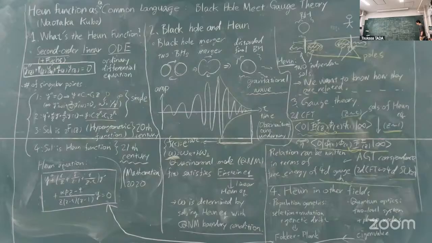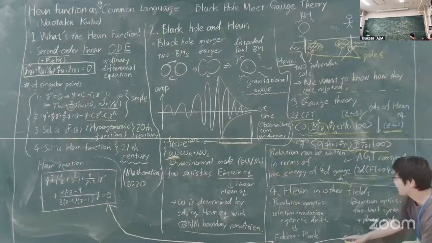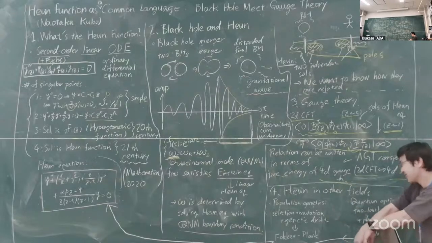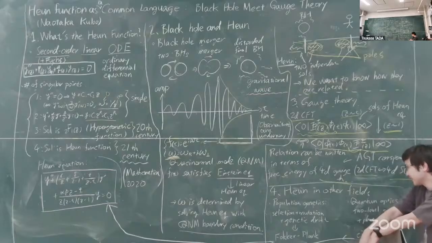So finally, I want to comment on the Heun equation in other fields. Actually, I asked ChatGPT about this, as I completely don't know about it, so I want to comment. The first example is population genetics: selection, mutation and genetic drift.